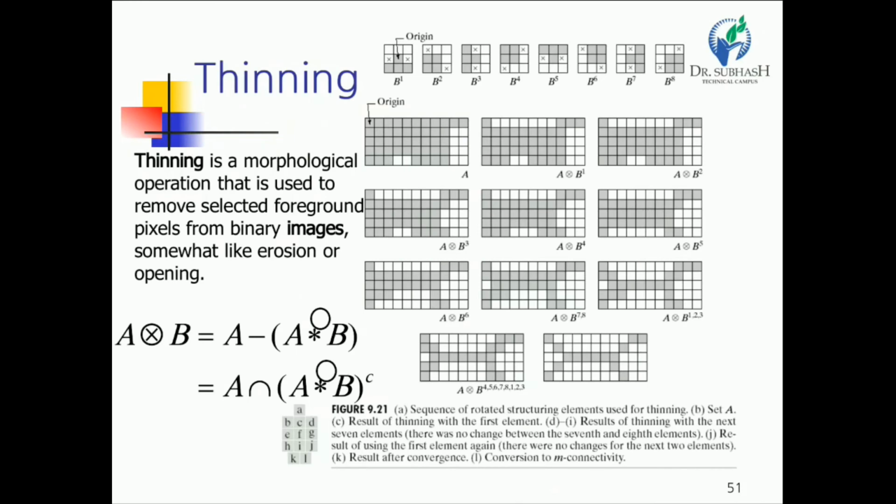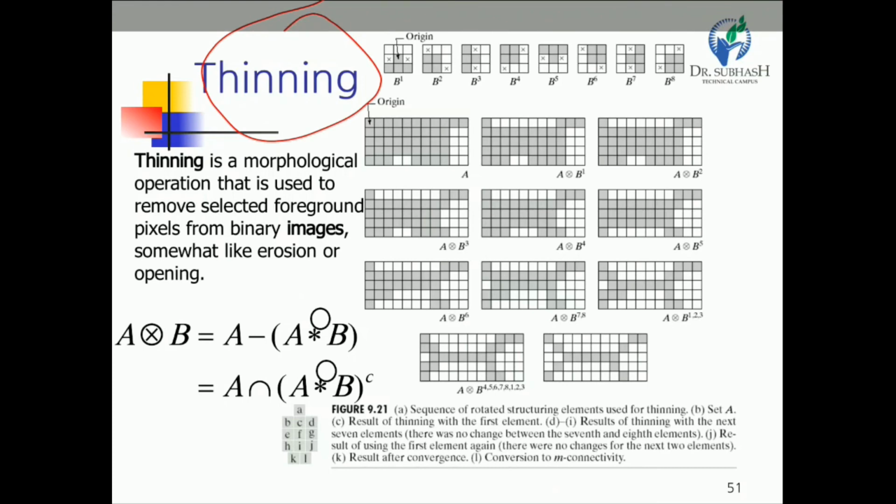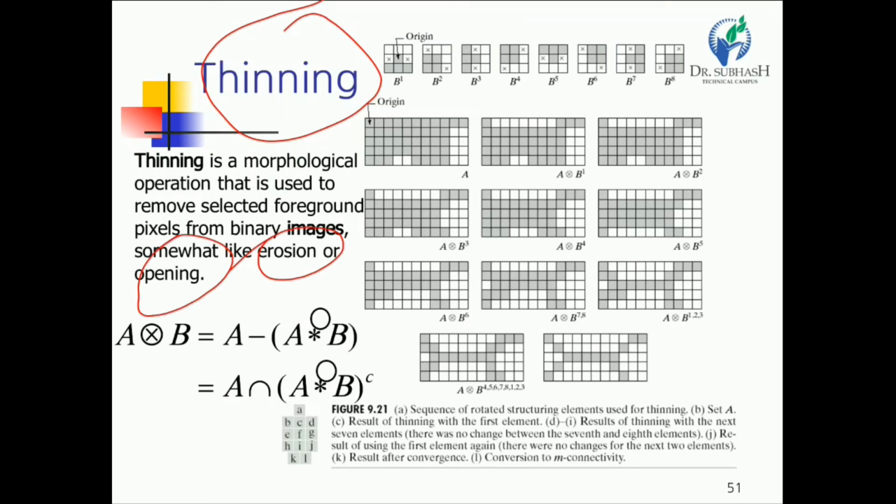Now another characteristic of morphological image processing is thinning. Thinning is the morphological operation used to remove selected foreground pixels from the binary image, somewhat like erosion and opening, right?